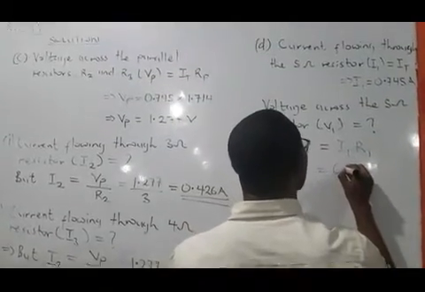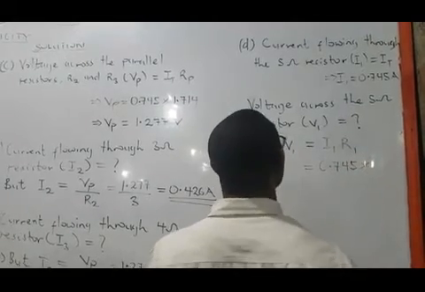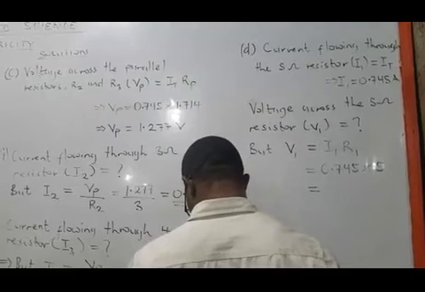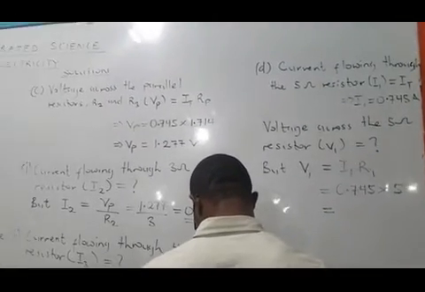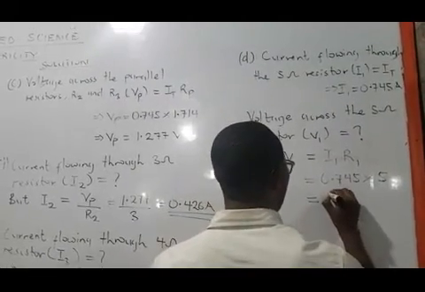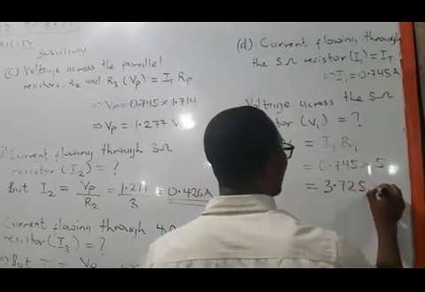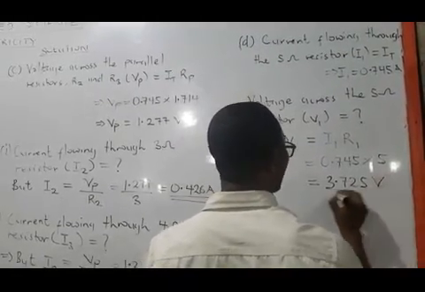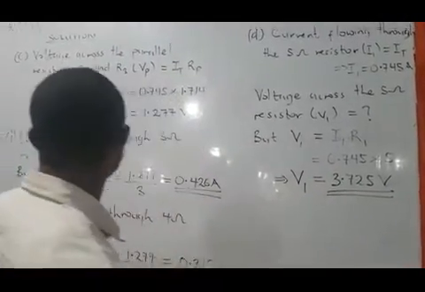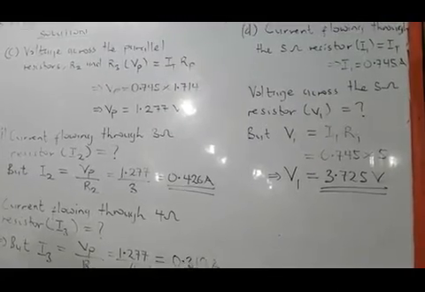So that will be 0.745 times the resistance R1, which is 5. And that will be equal to 3.725 volts. Okay. So that concludes the solution to the question.